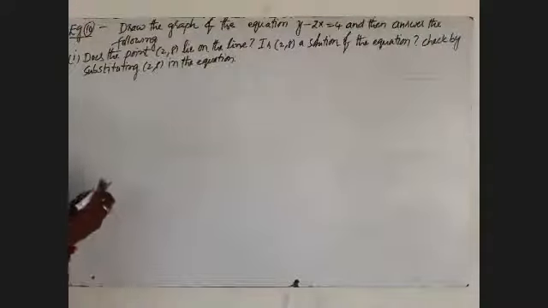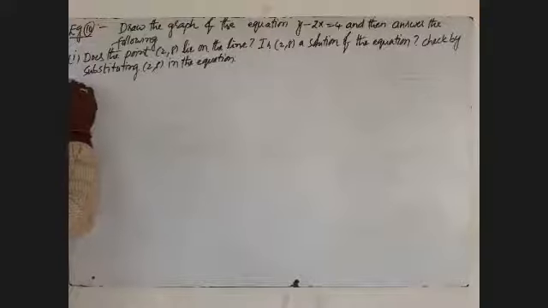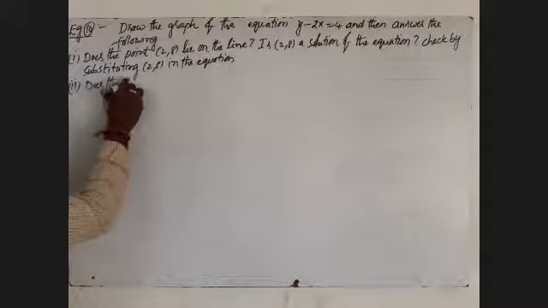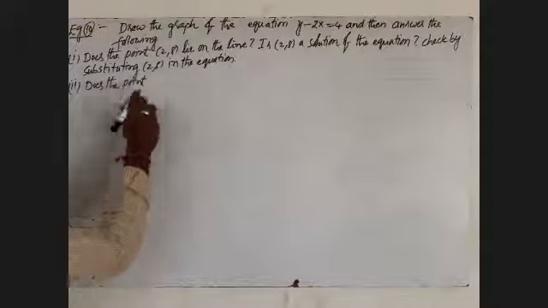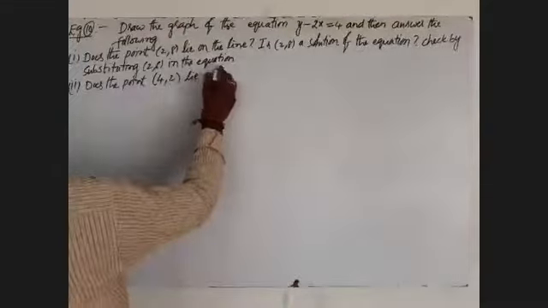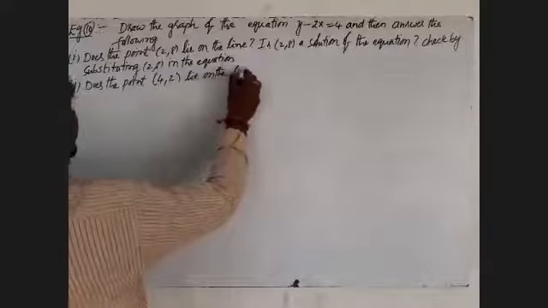Now I am going to the second question, that is, does the point (4, 2) lie on the line?